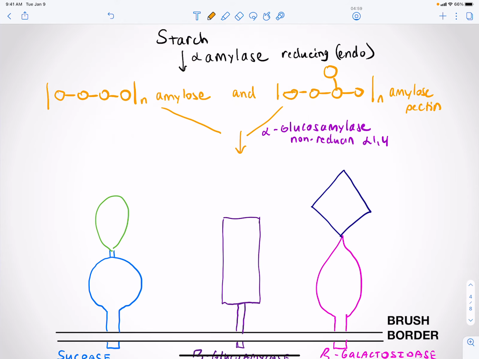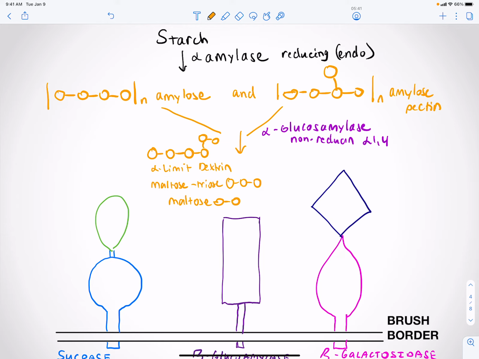And then what you're going to be left with is our limit dextrins. And you're also going to have your maltotriose and your maltose. And maltose, which is a disaccharide.